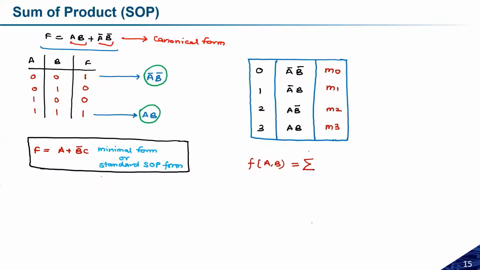And if you see this expression, whatever I have written here, it has m0 and m3, so I need to write m0 comma 3. So this function is the same as what we have written here. Either you can write f is equal to AB plus A bar B bar, or you can write f(A, B) is equal to summation of min terms 0 and 3. So both are true. There is no problem with these things. Okay, so this is how you can represent any function.